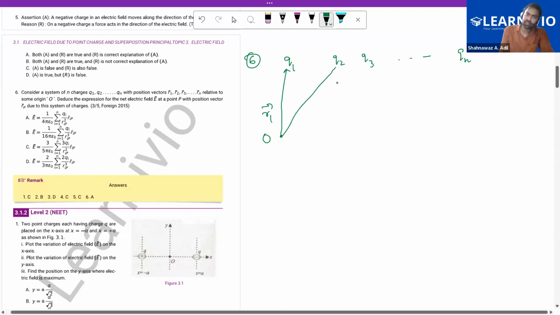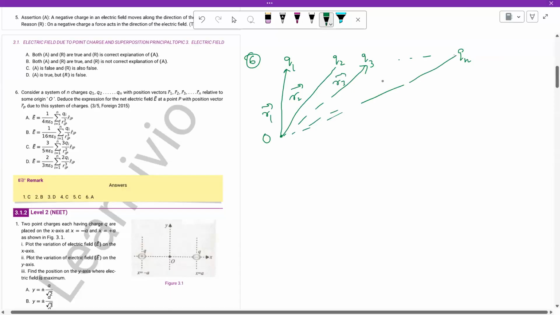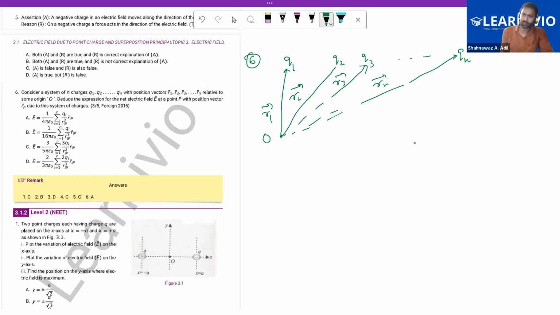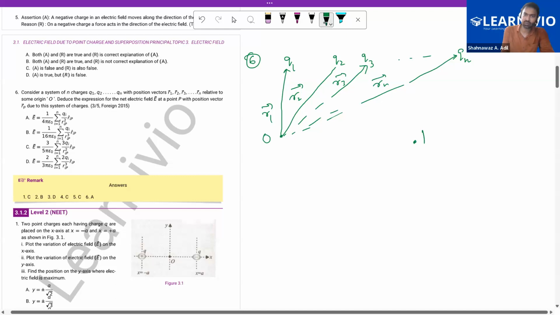This is R3 and up to Rn. Now they want us to calculate the electric field at some point P. So this is some point P, and this one has a position vector RP, right?